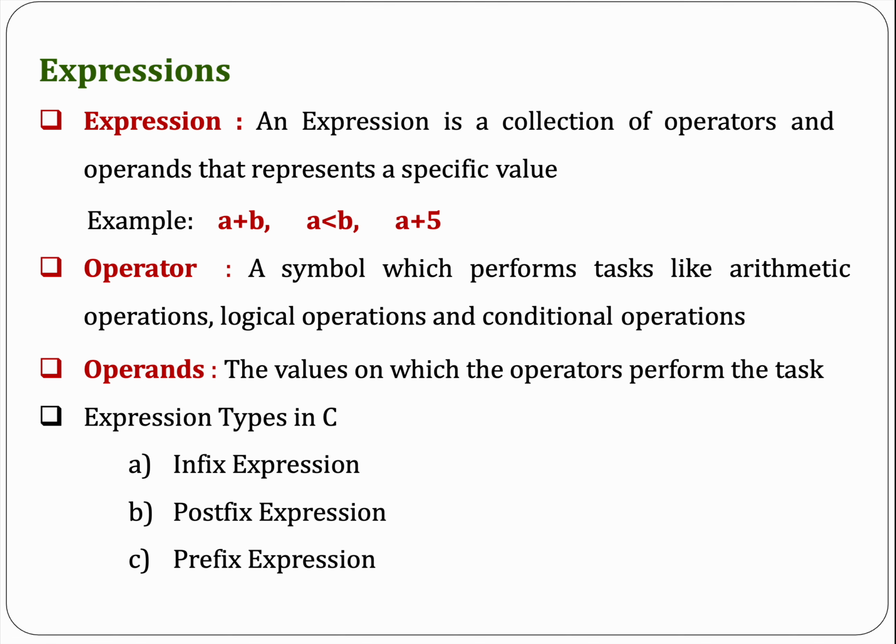What is an expression? An expression is a collection of operators and operands that represents a specific value. What is an operator? There are different types of operators available in a C program. We can say the mathematical functions are operators: arithmetic operators, relational operators, bitwise operators, logical operators.